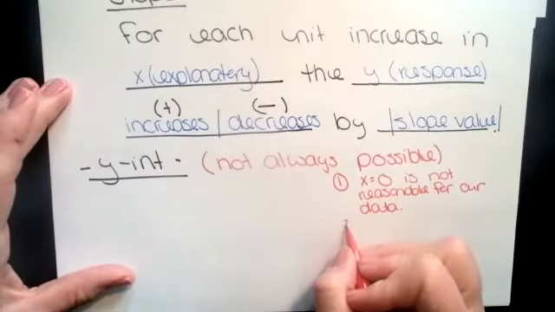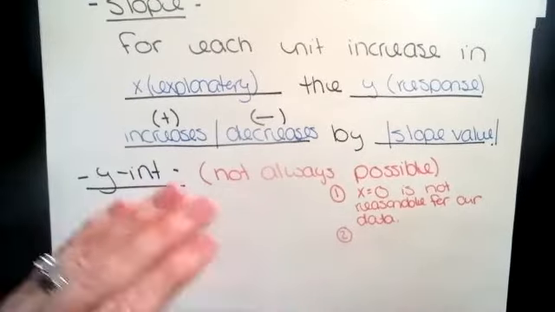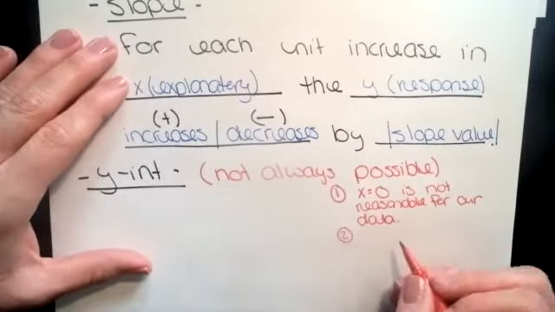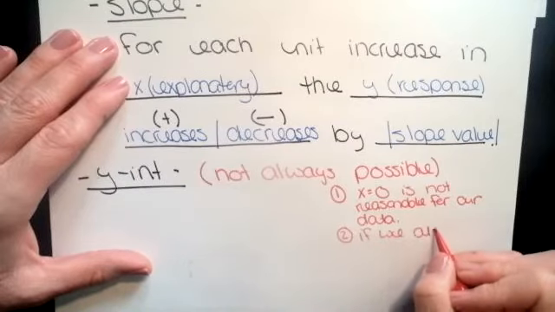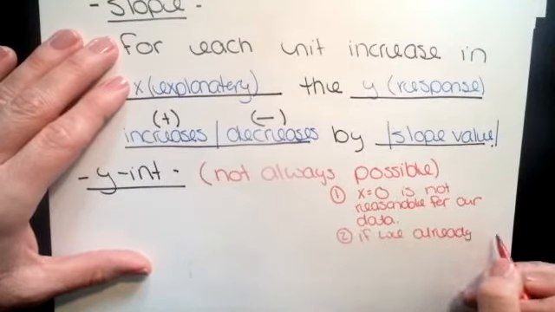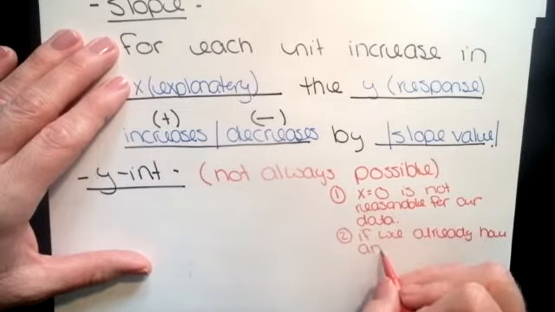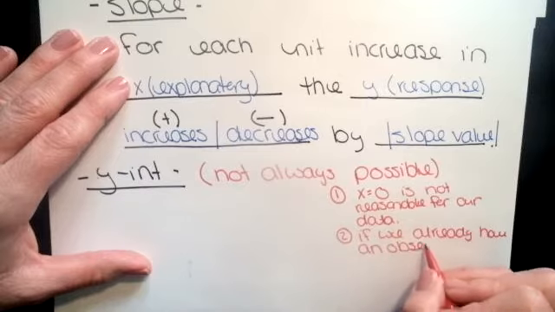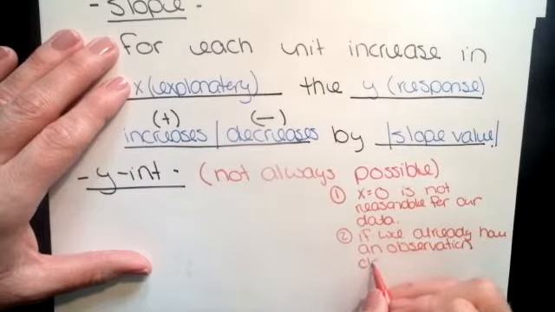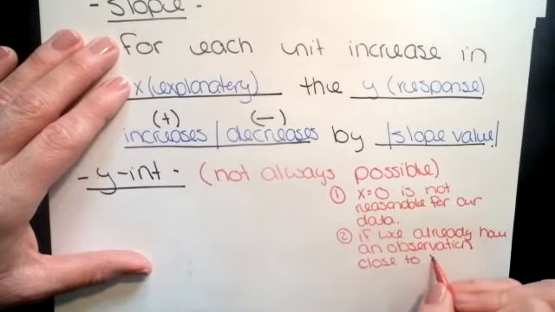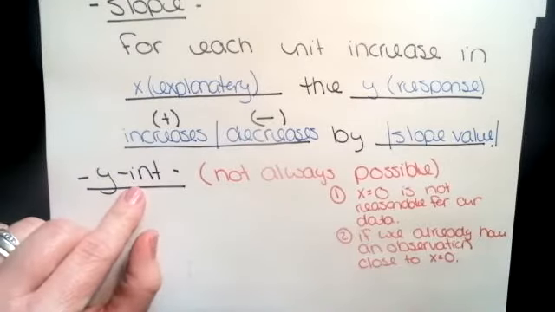The second scenario is not tricky, but a little bit trickier: if we already have an observation or data value close to x equals 0, then we should not be interpreting the y-intercept of the line.